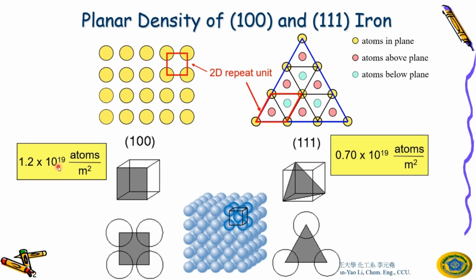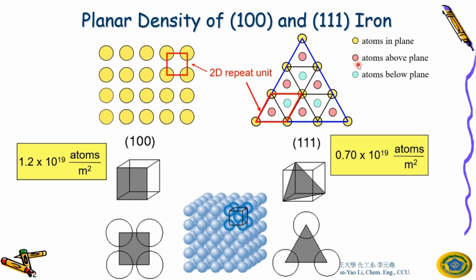So if you have a brick, for example, or a sheet of iron, and you want to have more iron atoms on the surface, if you have two choices, 100 or 111, which one do you want to make it on the surface in order to have high reactivity or faster reaction?